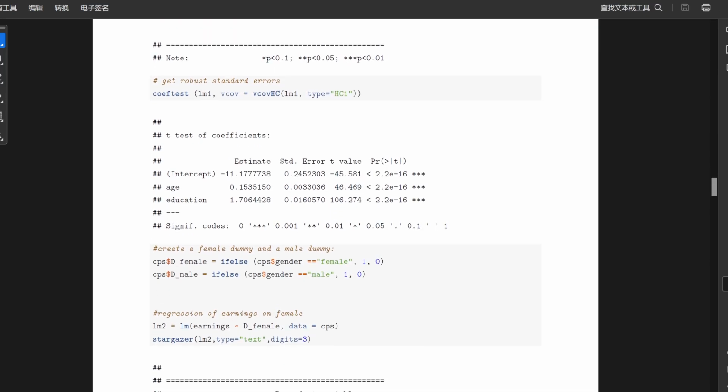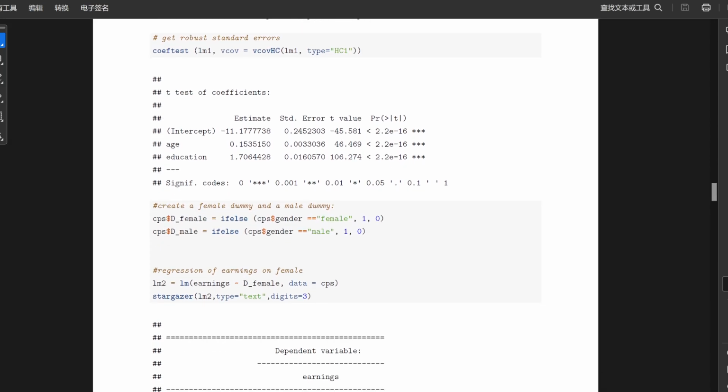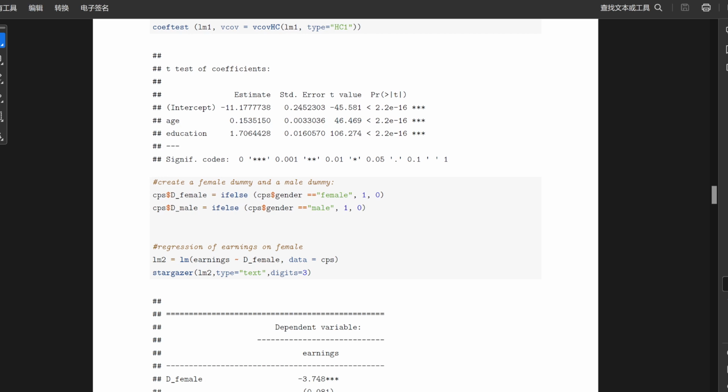And we can use coeftest to get the robust standard errors. Remember what heteroscedasticity-robust standard errors are. And you see they're still very significant, 3 stars, even at the 1% level, right?